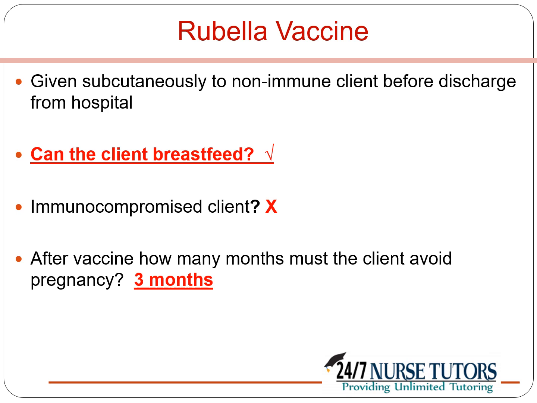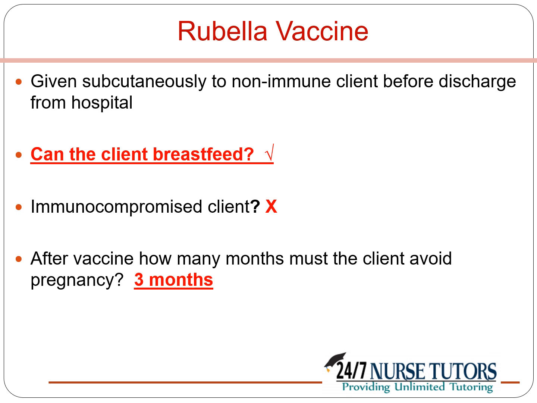Let's talk about rubella. Remember, women susceptible to rubella and varicella should be vaccinated immediately after delivery. This vaccine is given subcutaneously to non-immune clients before discharge from the hospital. Can the client breastfeed? Yes. Do we have an immunocompromised client?